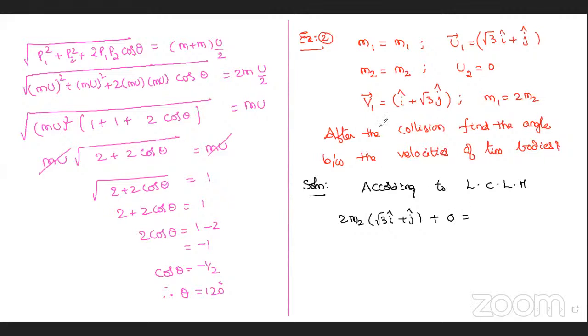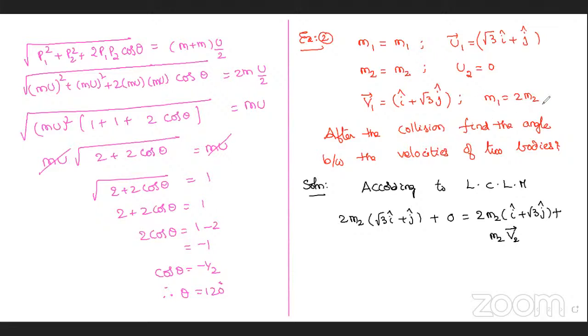Right, good. It is equal to M1 V1. M1 is 2 M2, and V1 is I plus root 3 J. 2M2 gets cancelled, sir. No, still one more is there: M1 V1 plus M2 V2 bar.